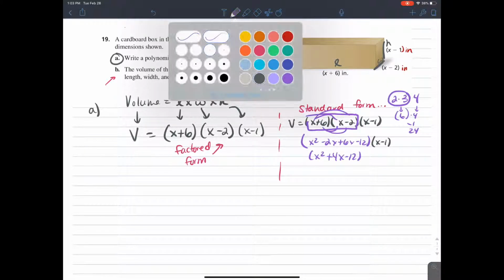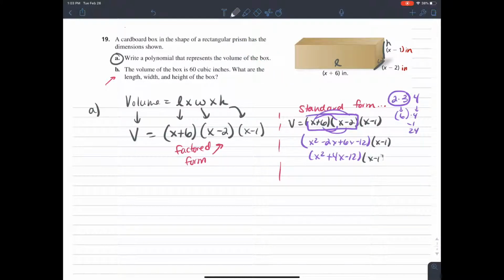Now, just like we did with the numbers 2, 3, and 4, after we multiplied the first 2 together, we took that entire answer and multiplied it by the next grouping. So this entire polynomial now needs to be multiplied by x minus 1. So we get x cubed minus x squared plus 4x squared minus 4x minus 12x plus 12.